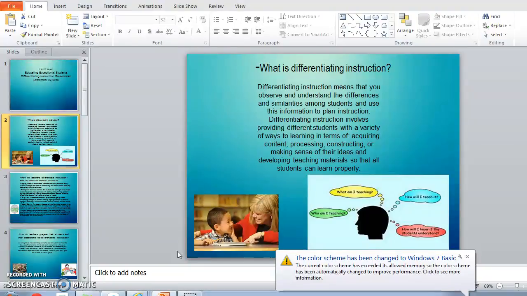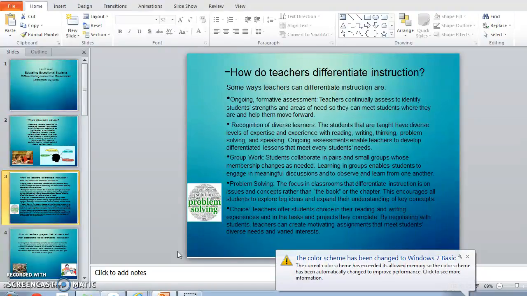As a teacher, you observe the students and what they're picking up on, what they're learning, what they're getting out of what you are teaching them. Differentiating instruction just means that you are observing the student and understanding the differences and the similarities among the different students.